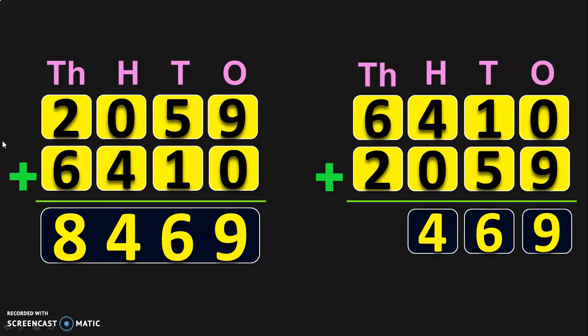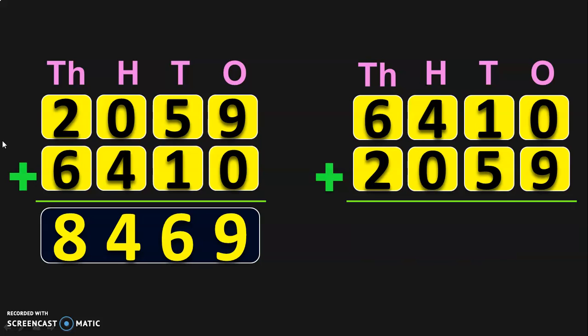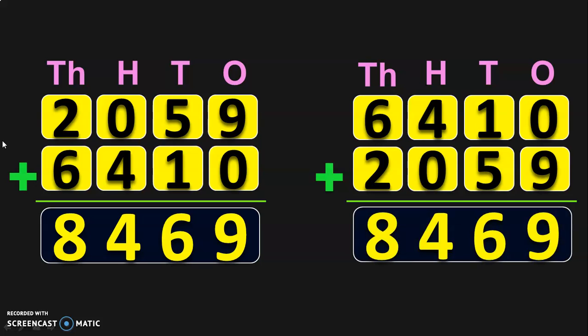And then in the thousands place we have 6 plus 2 which will give you the answer 8. So the sum of the two 4-digit numbers when written in the reverse order, you get the same answer, 8469.